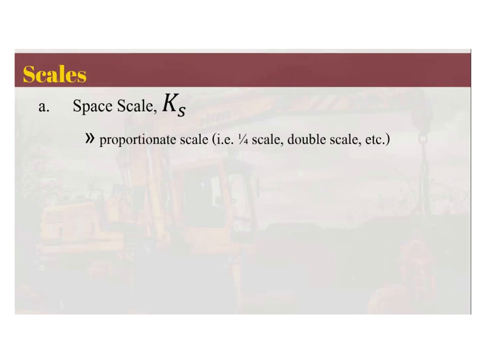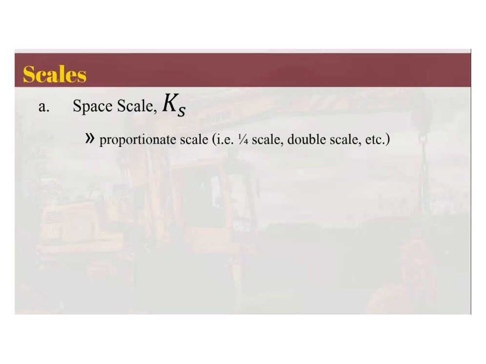Space scale can be a proportionate scale wherein you are going to reduce or increase the dimensions of the original unit. For example, when we say 1/4 scale, when your machine is 100 feet, then in your drawing the 100 feet will be divided by 4, or reduced to 1/4 of the original.